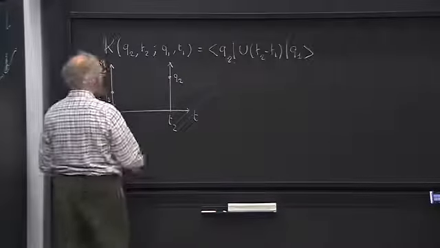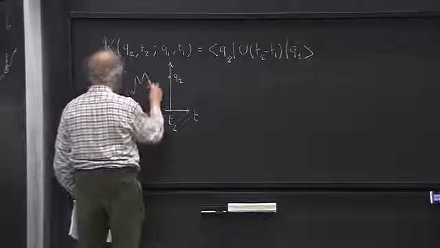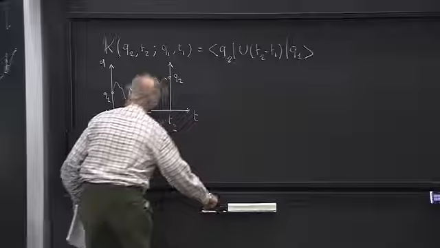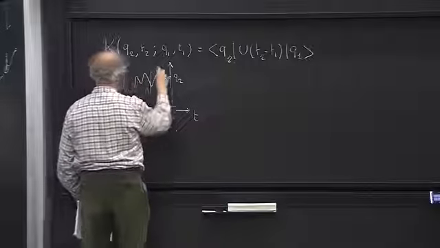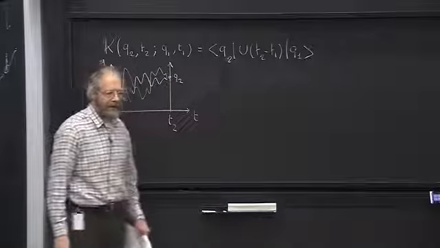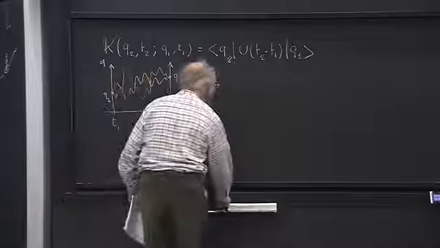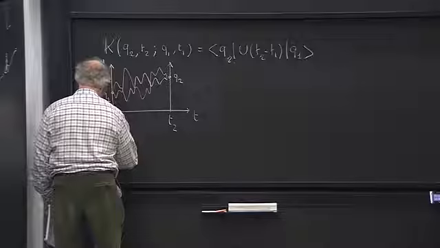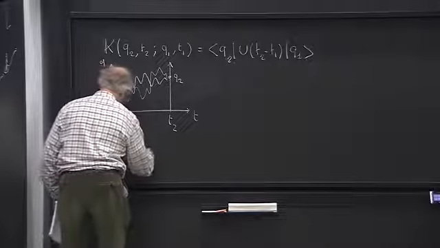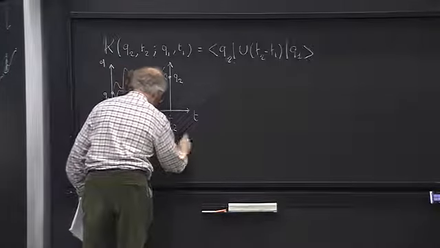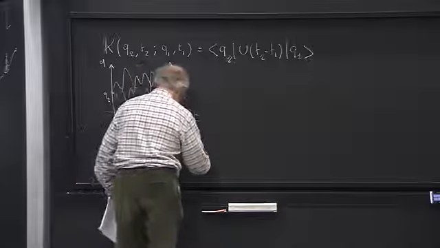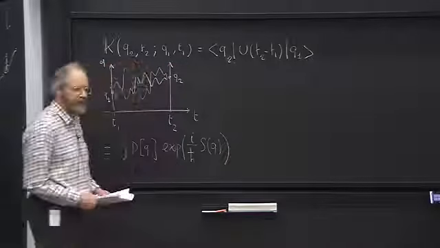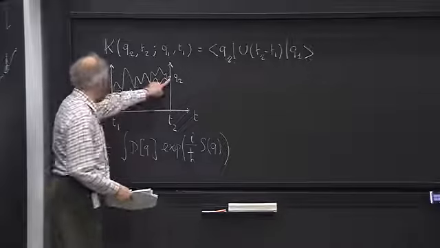We know that it is given by a path integral over all the possible histories weighted by exponential of i over h bar times the action. So this is given by the integral Dq of exponential of i over h bar S[q], the classical action for each trajectory with those boundary conditions.